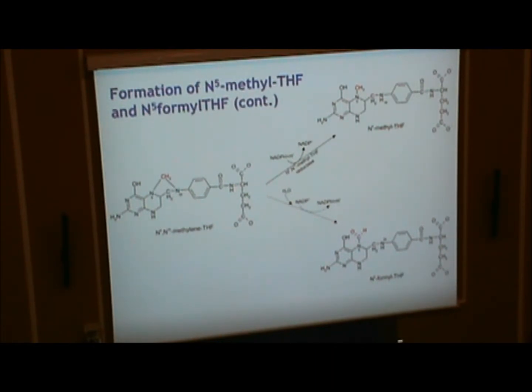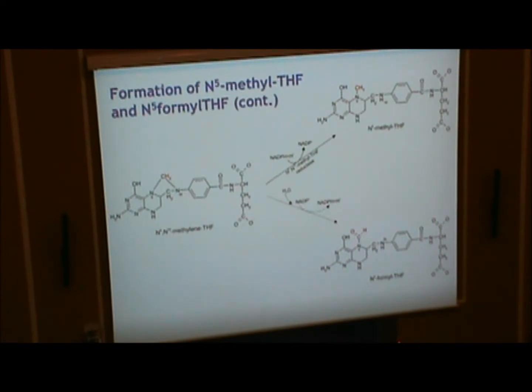In the first reaction, the CH2 group is converted into a CH3 group, a methyl group, bound with nitrogen 5. This is N5-methyl tetrahydrofolate.